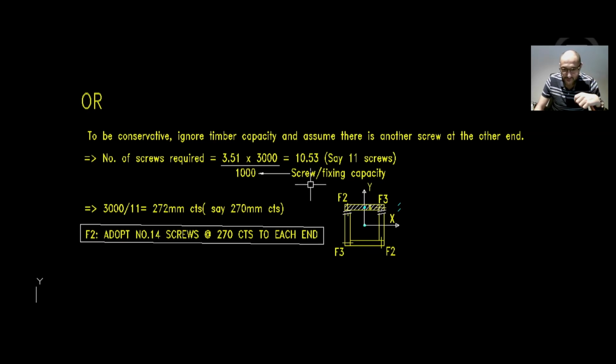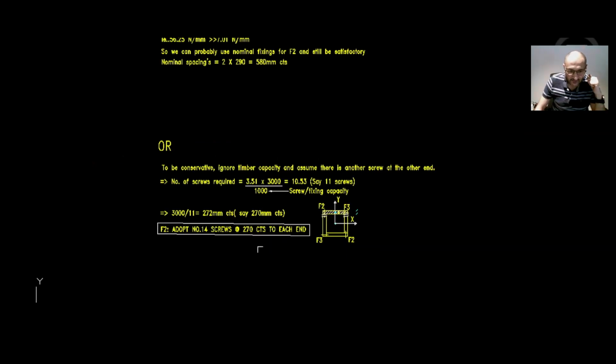We need 11 screws, and then 3000 divided by 11 will be 272. Okay, so 270 millimeter centers. Rather than making it at 580, we can just do it at 270 centers. And this is probably a nice conservative approach, and everyone is happy at the end.